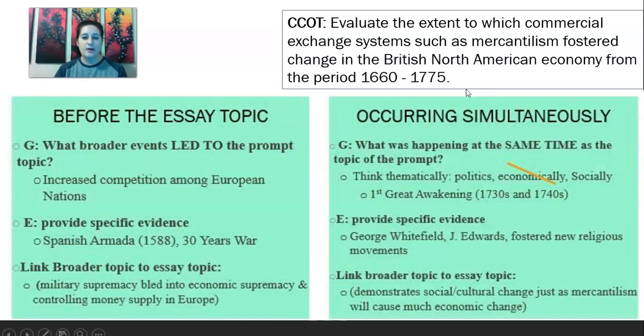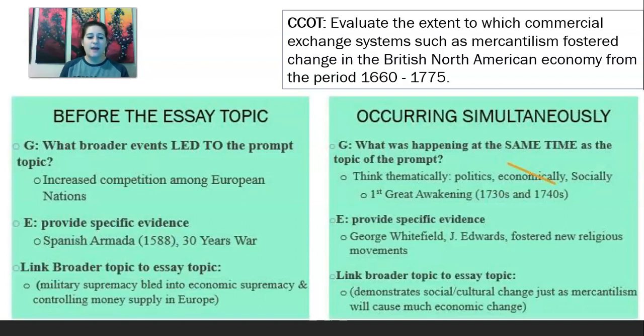And notice the time period, it's before the American Revolution. So if you're thinking about what led to the prompt of the time period, think about what's happening before 1660. Generally, we see an increased competition among European countries. The Spanish Armada occurs in 1588. The Thirty Years' War occurs from 1618 till 1648, right?